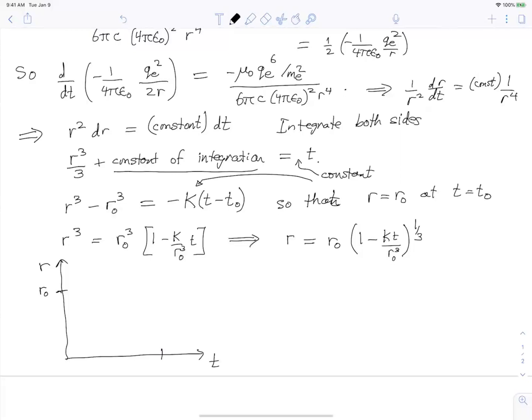It's going to reach it, if I go back to this equation, that's going to tell me that it's going to reach r equals 0 at the time 1 over k. Or perhaps it's actually easier to see it from this equation right here.